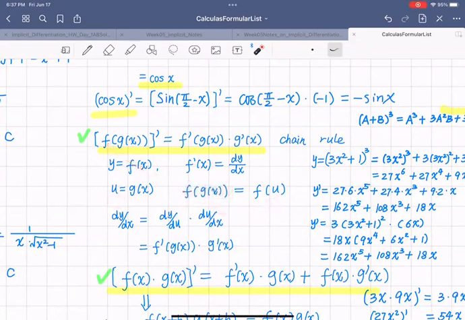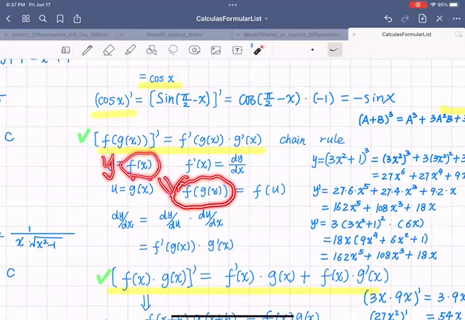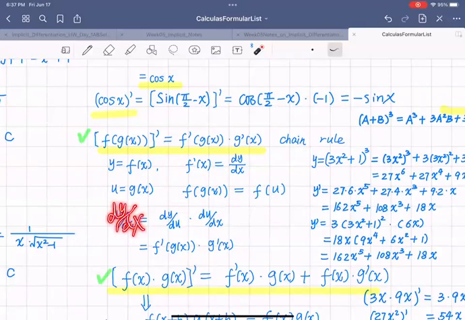Now, for this whole thing, you want dy over dx. You know that y equals this whole thing, and your independent variable is x. So dy over dx is going to be equivalent to dy over du times du over dx.